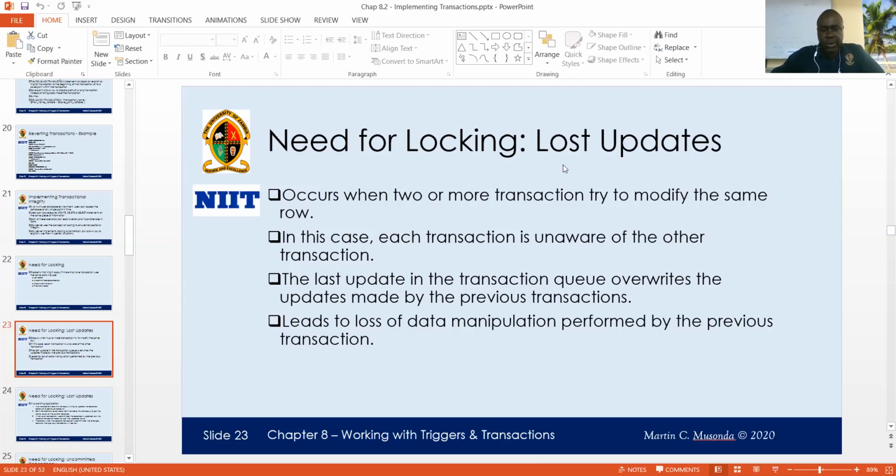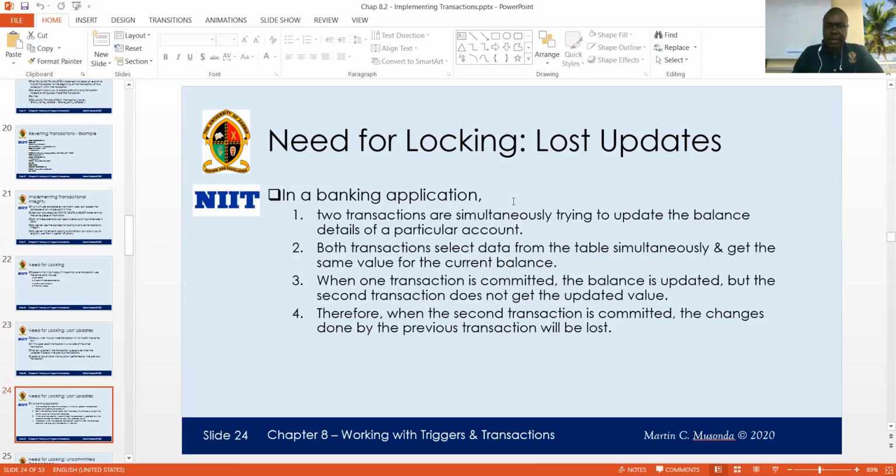This leads to loss of data manipulation performed by the previous transaction. Here is an example. In a banking application, two transactions are simultaneously trying to update the balance details of a particular account.